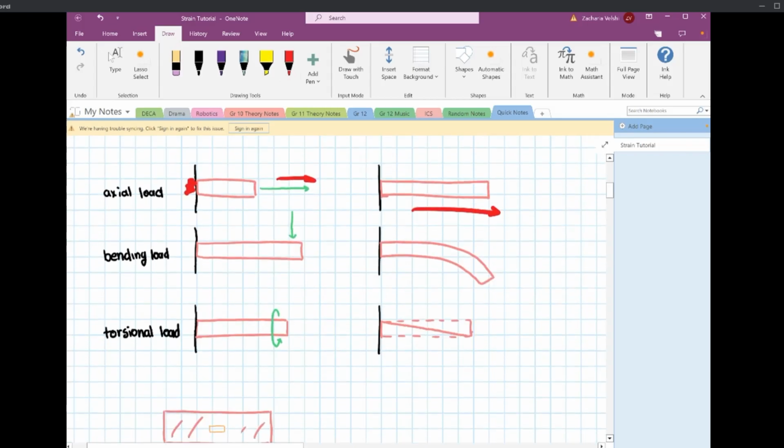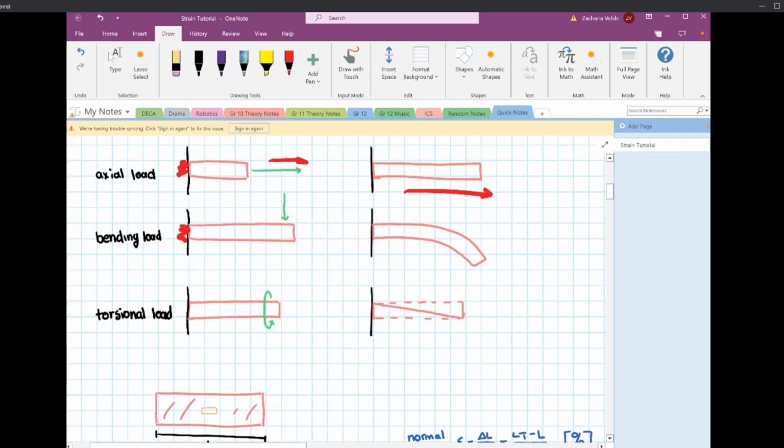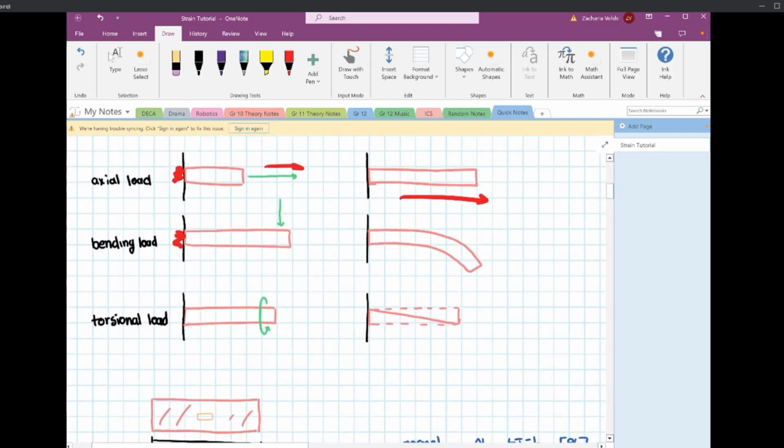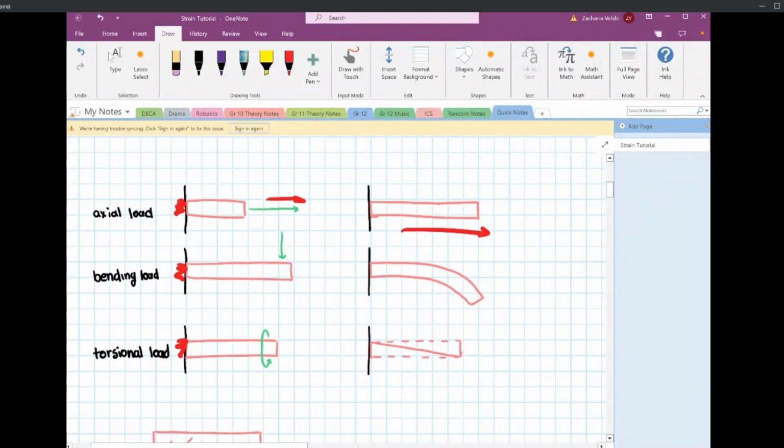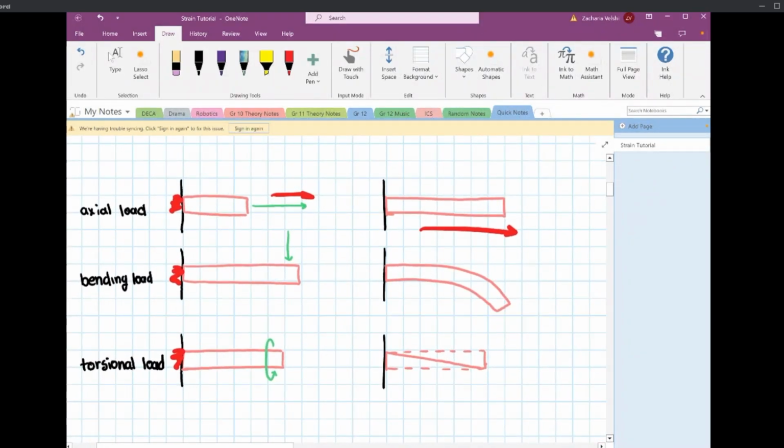In bending, it's kind of what you think. You have the member fixed along this axis, you apply load, and then the member will tend to deform. And then under torsion, same thing. You have your member fixed along this axis, and this usually happens more with cylinders than with rectangular 3D members, but they just twist.